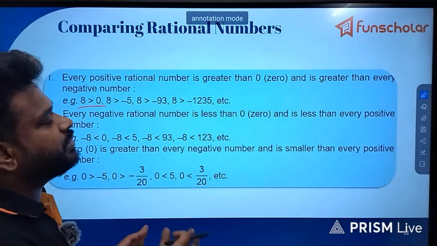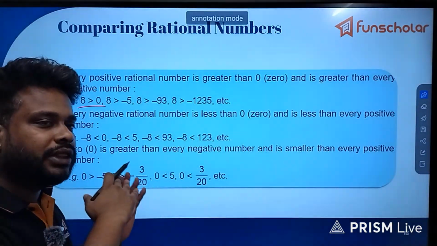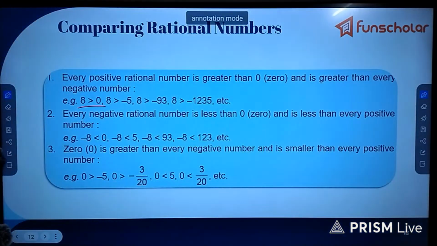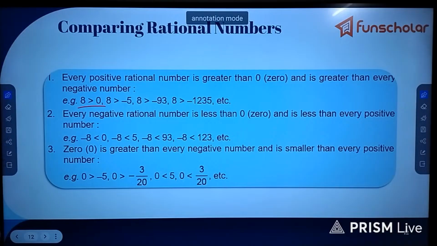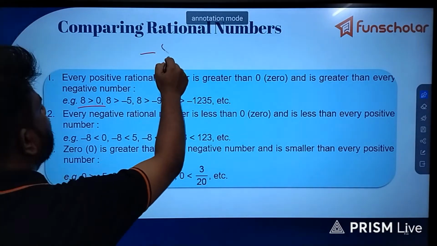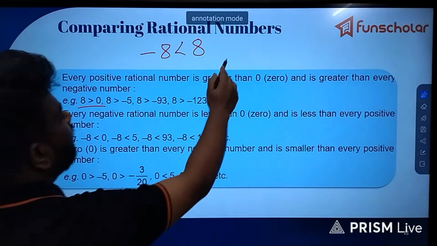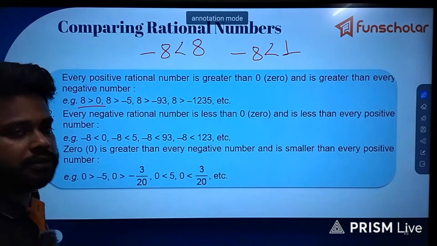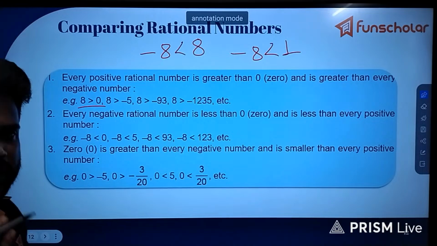Obviously, the positive numbers start from 1, which is bigger than 0, so all the numbers after 1 will be bigger than 0. And it is greater than every negative number. Obviously, minus 8 will be less than plus 8, or minus 8 will be less than 1. The same example goes for everyone, as we already know.